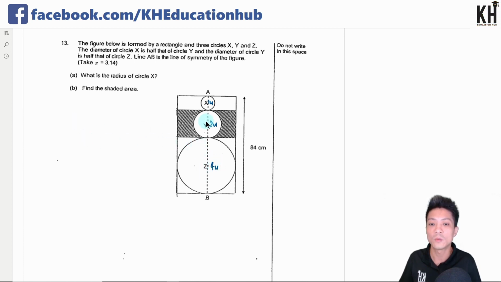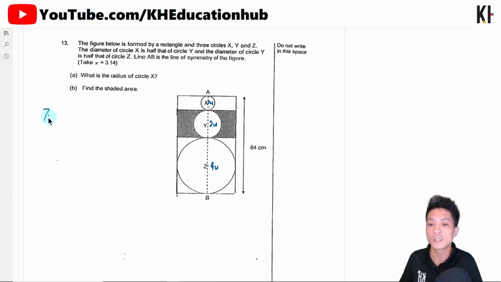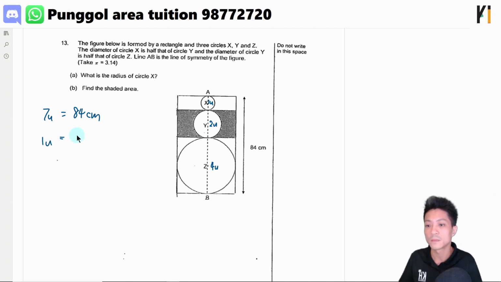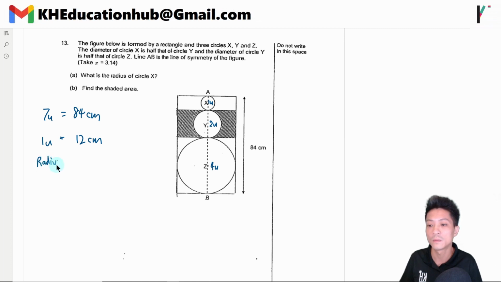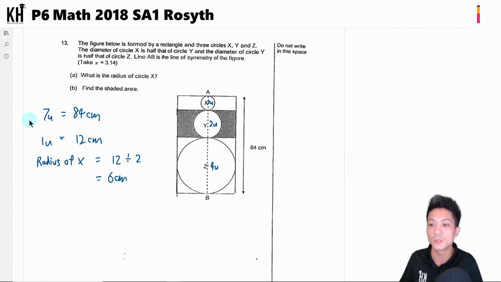So 4 plus 2 plus 1 is 7 units, which is equal to 84 centimeters. 1 unit will be equal to 12 cm, and so the radius of X will be 12 divided by 2, which is 6 cm. So we have found the answer for part A.